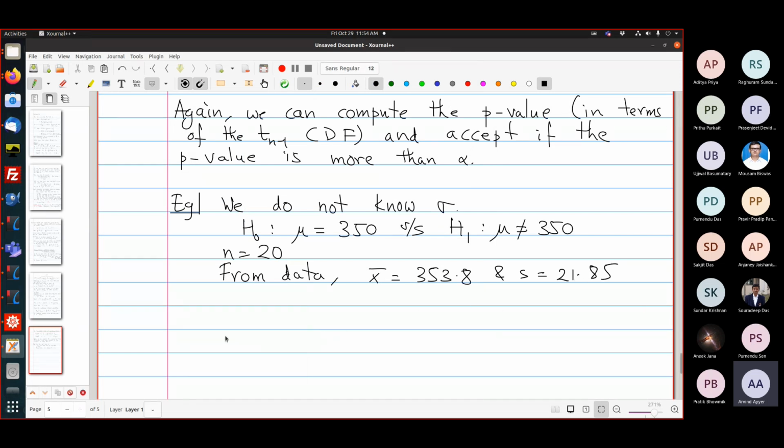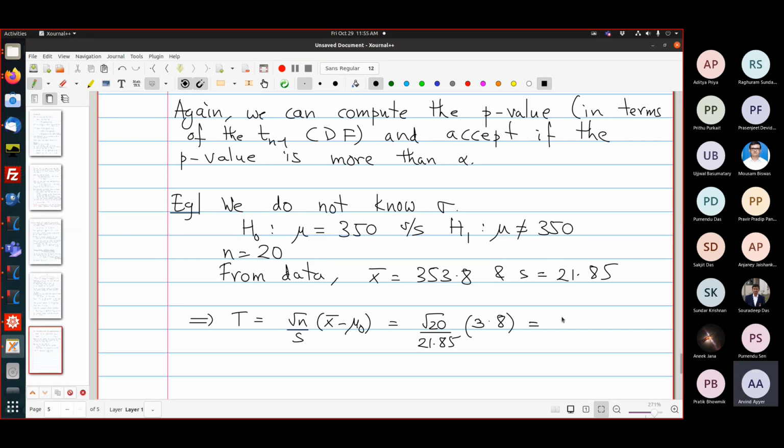Okay, and so our statistic t should be square root of n by s times x bar minus mu naught, which is square root of 20 by 21.85 times 353.8 minus 350, which is a measly 3.8. So this looks like a very good justification.